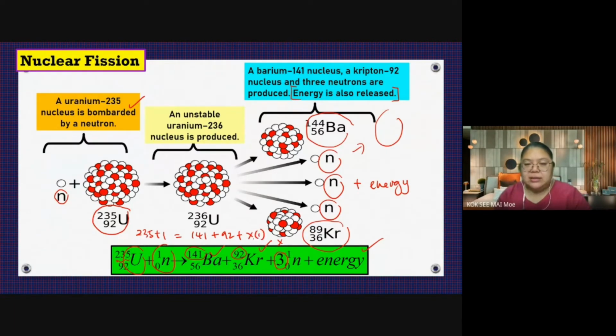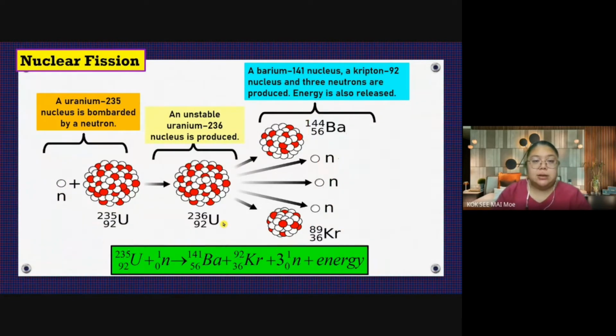So you're going to find X. After that, you find X is 3, then you put it in. Then you do the calculation, it tallies. The total will become 236. Okay, so the question normally comes out like this. They never ask you to write the whole equation. Either they ask you to explain what is nuclear fission, or they want you to complete the equation. So the question will come out like this.